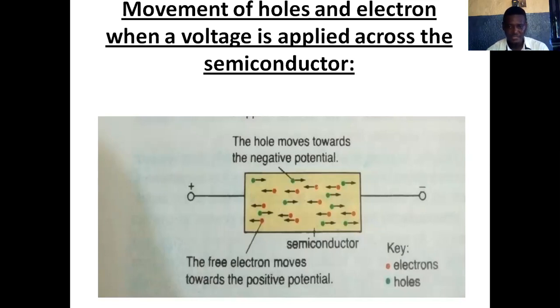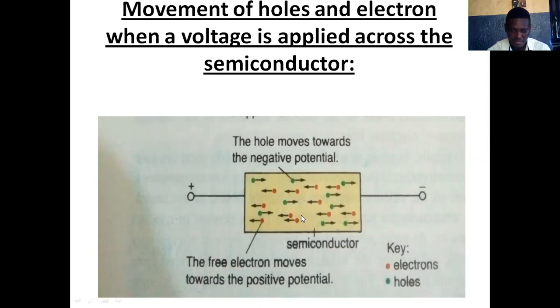And that external source of EMF can be your battery, or can also be other sources of electricity, such as your what? Alternating current. If you are using your battery, that is what? Direct current. So the electrons in this diagram are represented by the red circles. The green circles represent holes.